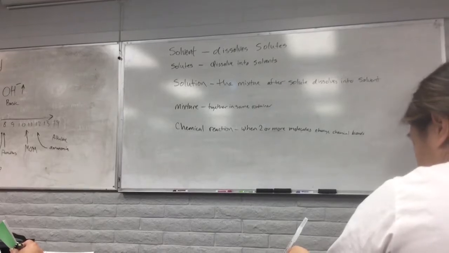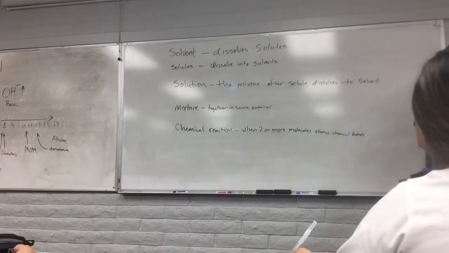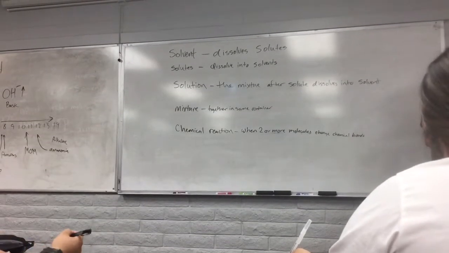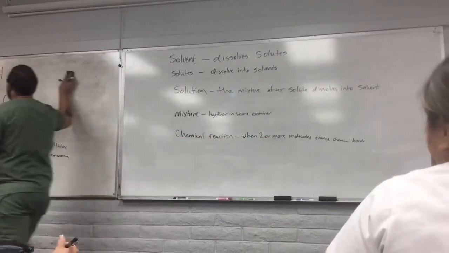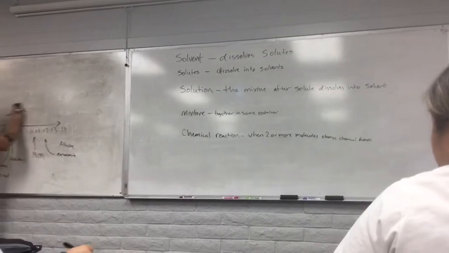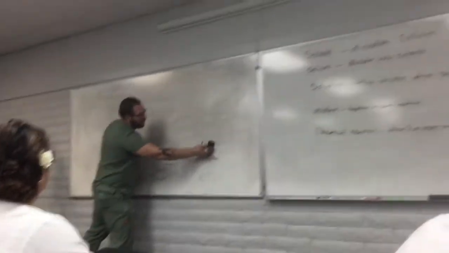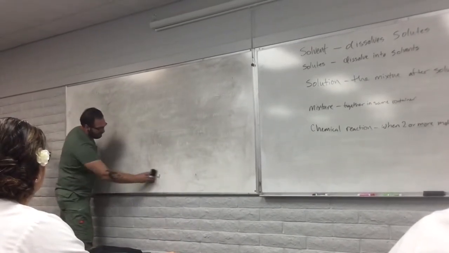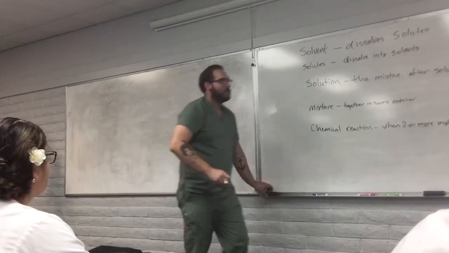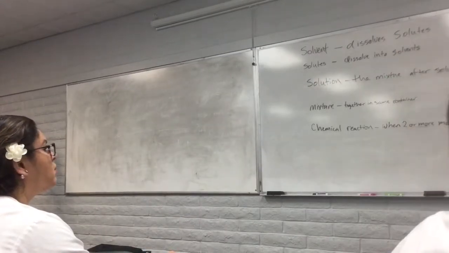Okay, so here's one for you. In a simple chemical reaction, who here ever took a 5th grade science class and wanted to make a volcano? Baking soda and vinegar. So baking soda and vinegar is a chemical reaction.